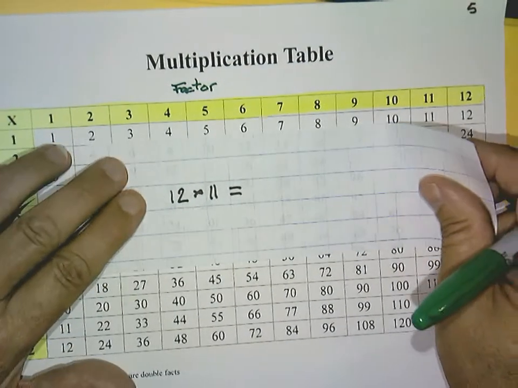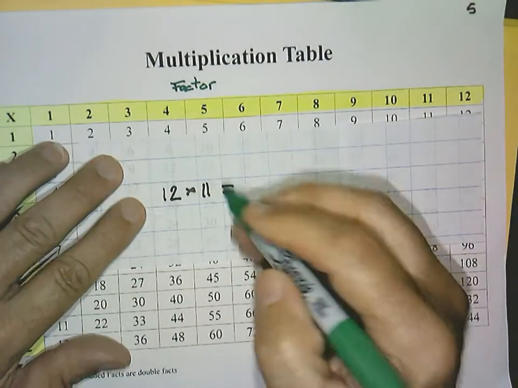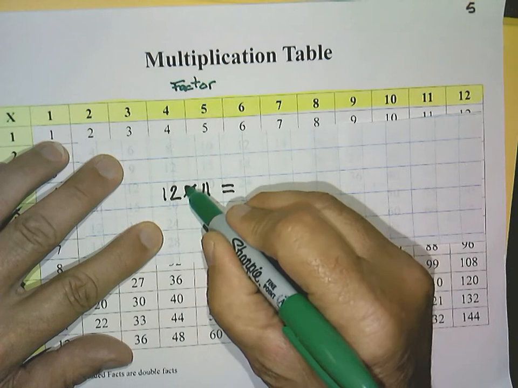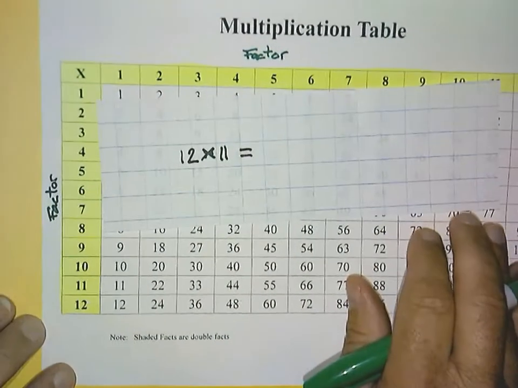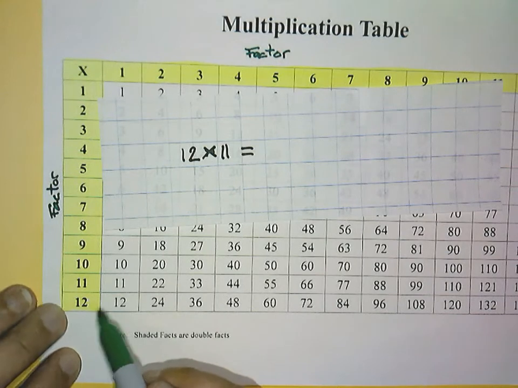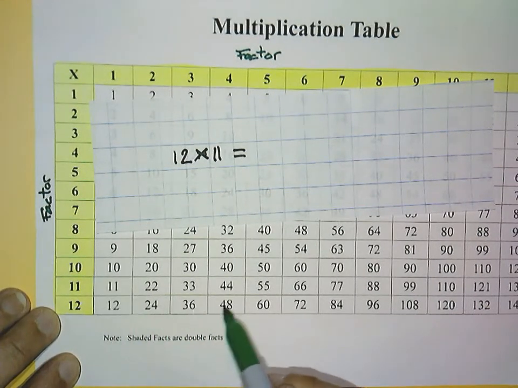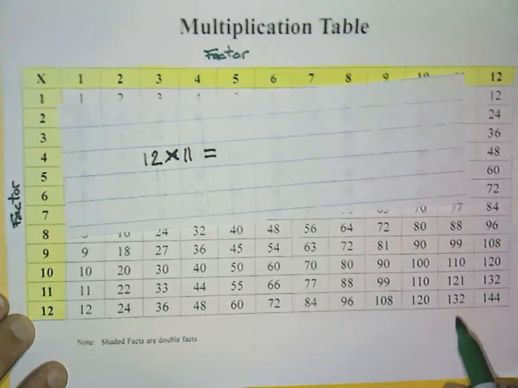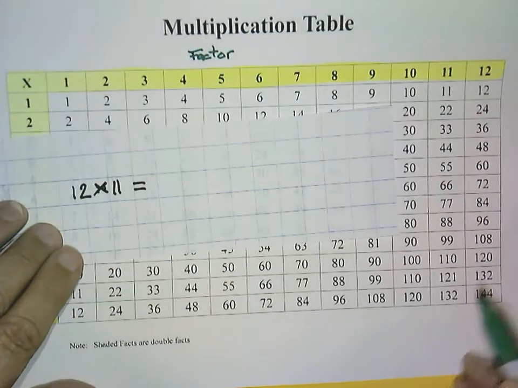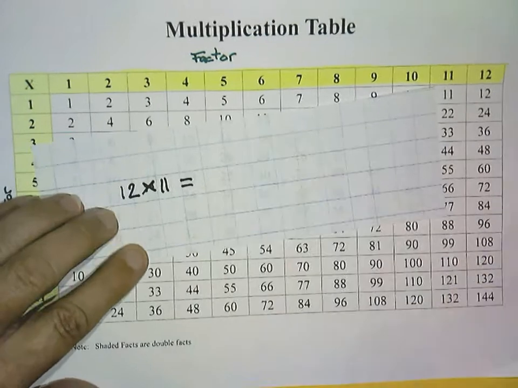And finally, 12 times 11. Why don't we go from left to right again on this one? Here's 12 times 11. 1, 2, 3, 4, 5, 6, 7, 8, 9, 10, and 11. Again, you can see your 11 up there is 132.